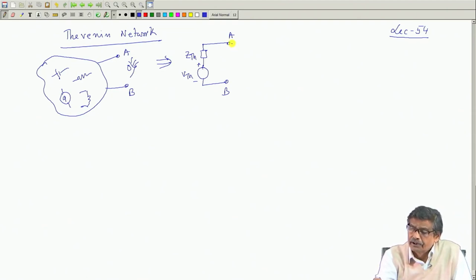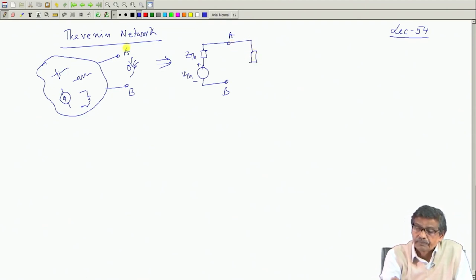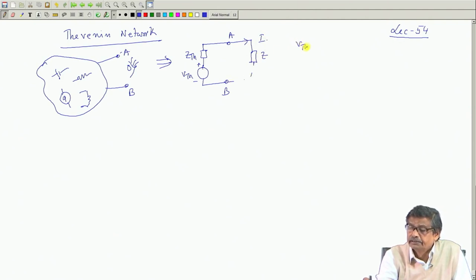Then if you connect some load impedance Z here, the current in the circuit will be V Thevenin by Z plus Z Thevenin. That is the idea. Clear?